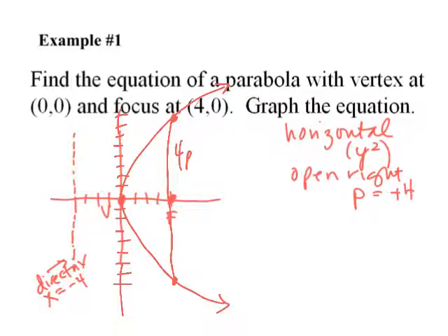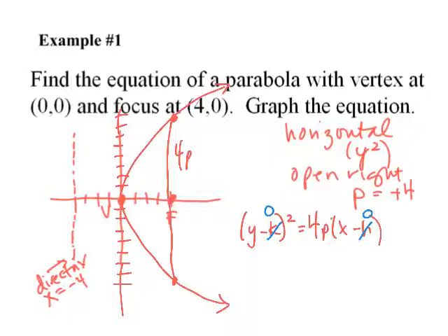All right, let's write our equation now. So the first thing I'm going to do is write the standard form. So we have (y minus k) quantity squared equals 4p times (x minus h). And (h, k) is your vertex. So in this case, they're both zeros. So we're going to just make this 0 and this 0.